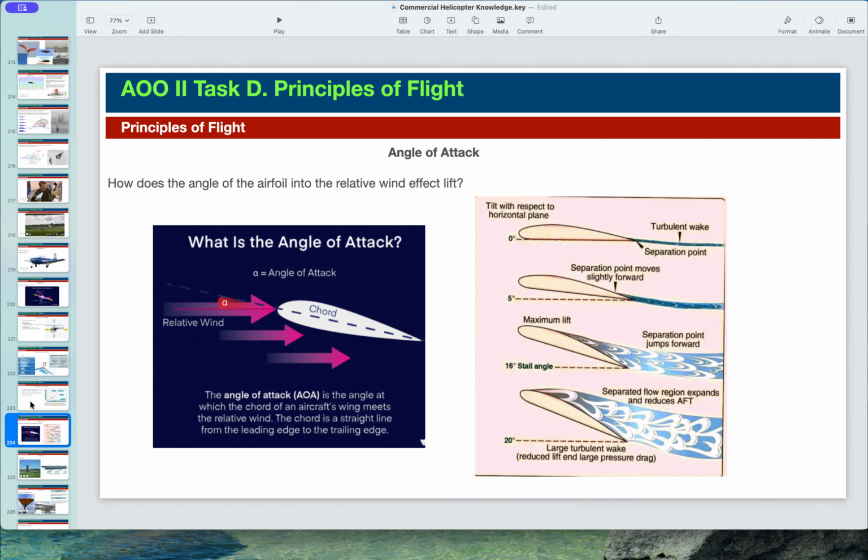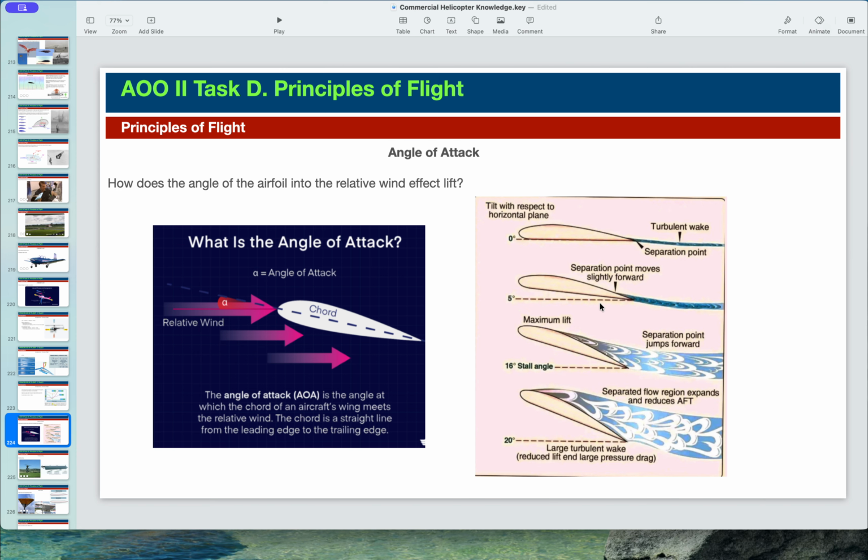All right. So how does the angle of the airfoil into the relative wind affect the lift? If we had our airfoil just sitting on the ground and there was no wind, we're obviously not going to pick up. But if we want to increase our lift, we can change the angle of our airfoil as we're moving forward.